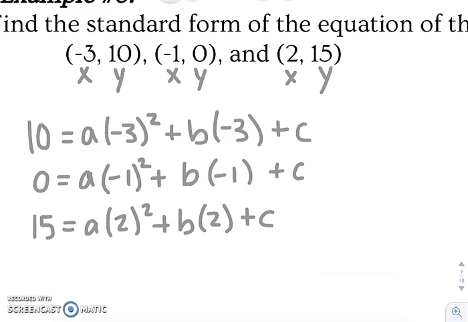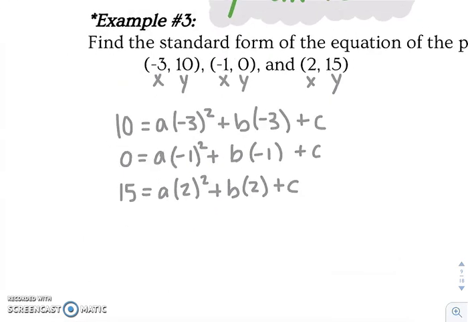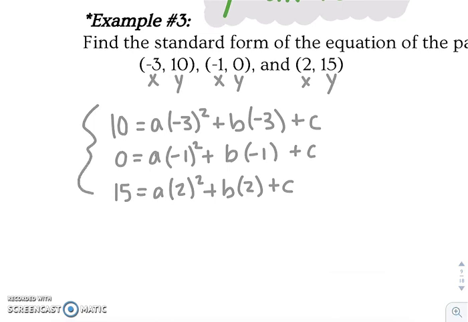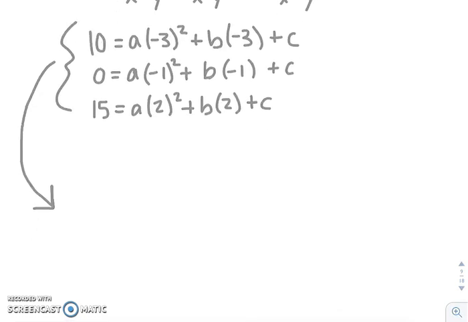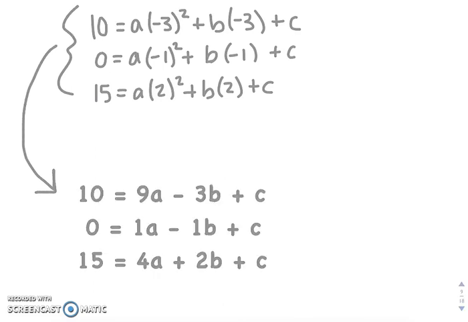So I'm going to rewrite these just a little neater down below here. So now that they are rewritten in a little friendlier and neater form, we have 10 equals 9a minus 3b plus c, 0 equals 1a minus 1b plus c, and 15 equals 4a plus 2b plus c.